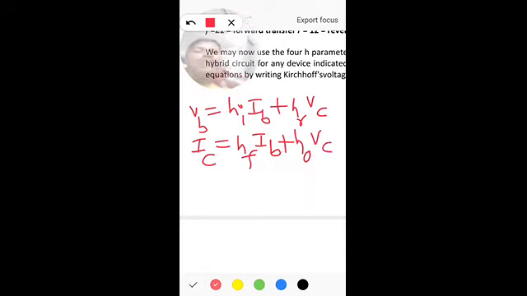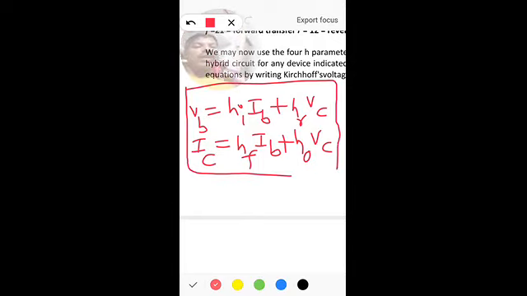Now these two equations are very important. These are the equations of input voltage and output current of a transistor in CE configuration.